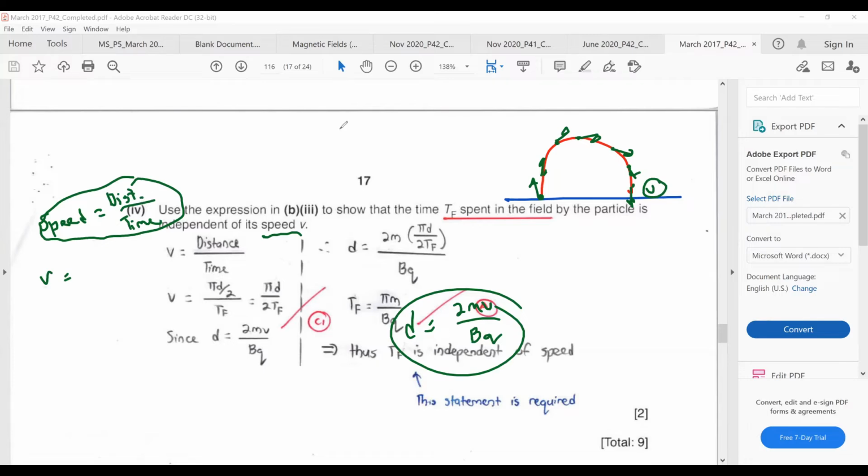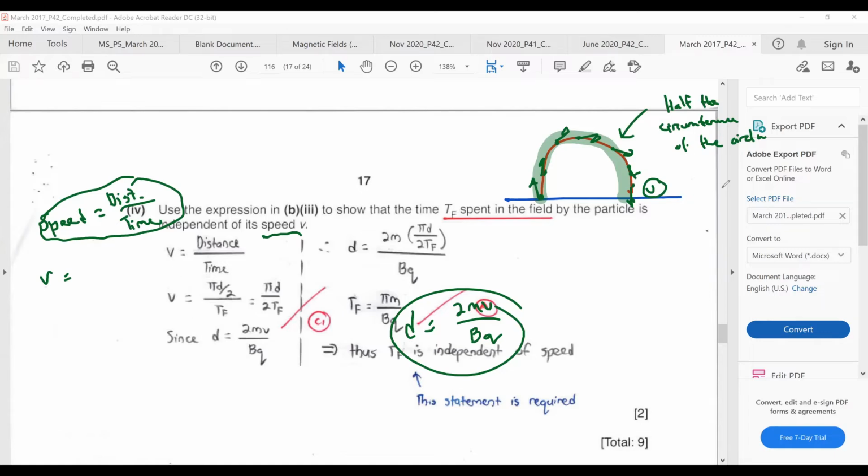The distance moved by my charged particle inside the field is actually half the circumference of a circle.